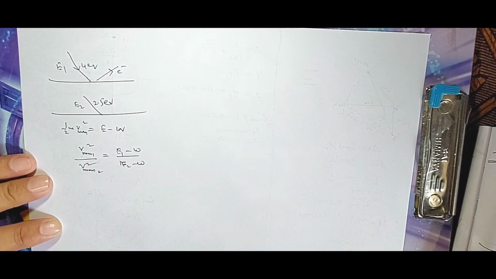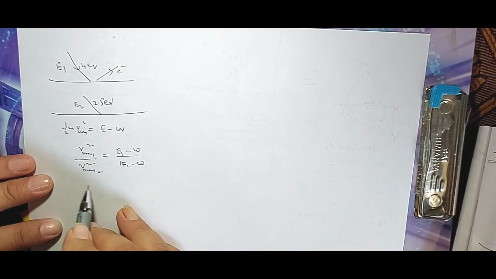What is the ratio given here? They gave the ratio as 2, so when we take v1 by v2 whole square, that becomes 4.